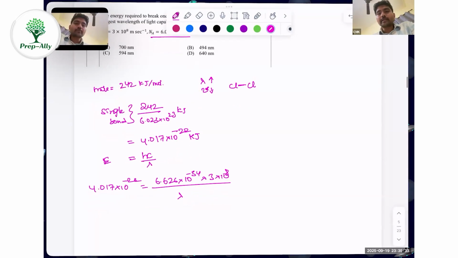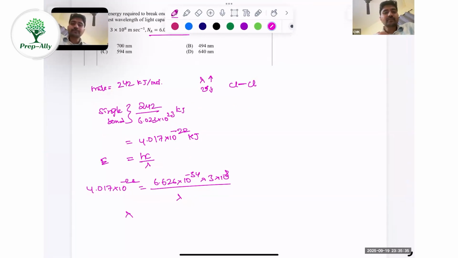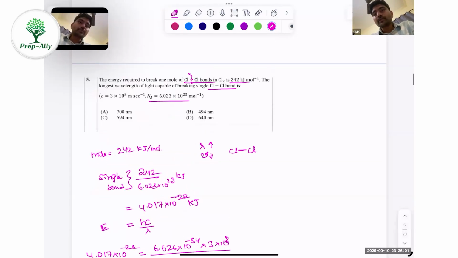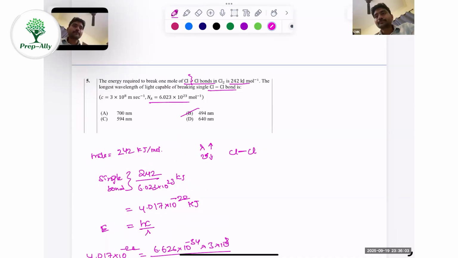If you solve, we get lambda as 4.94 into 10 to the power of minus 7 meters, which means 494 into 10 to the power of minus 9 meters.